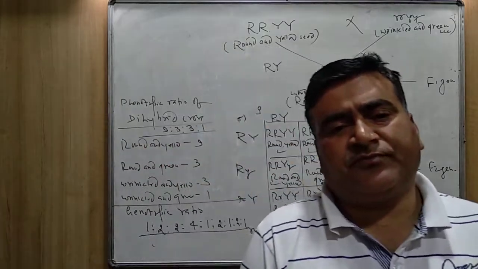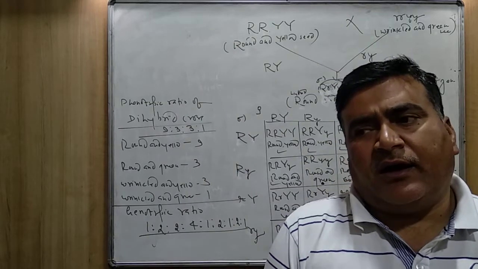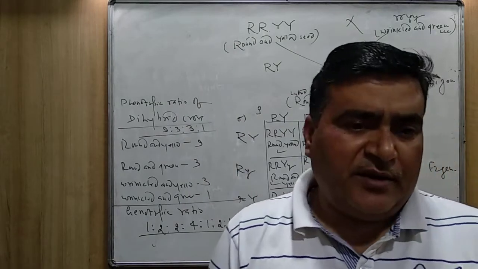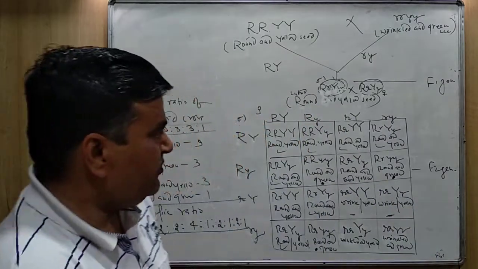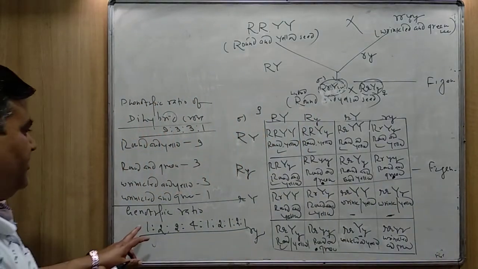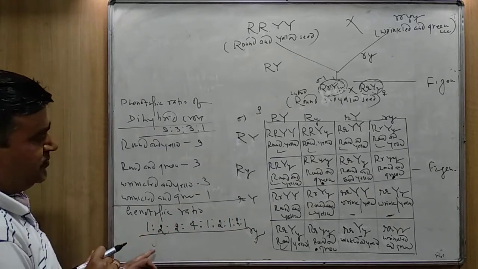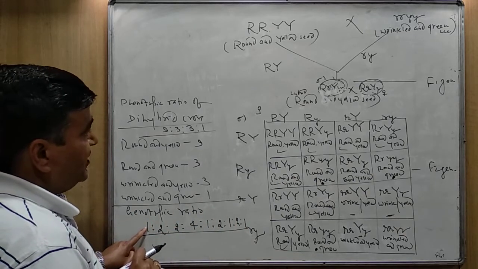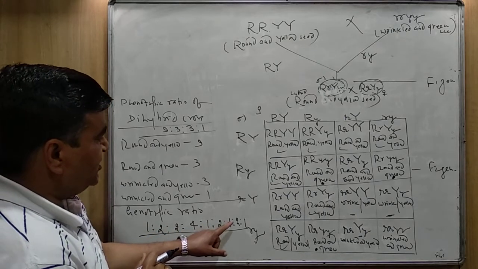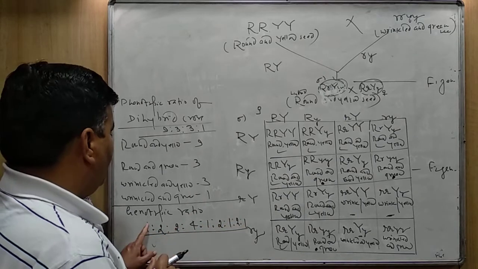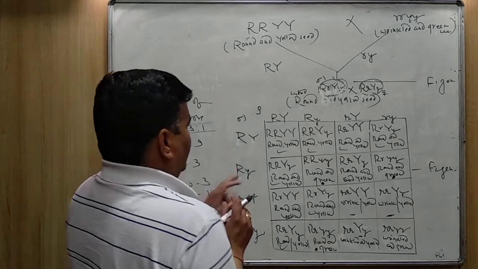The genotypic ratio may be asked in the NEET examination, but how can you trace out the genotypic ratio? This is actually the genotypic ratio of the dihybrid cross: 1:2:4:1:2:1:1:1.